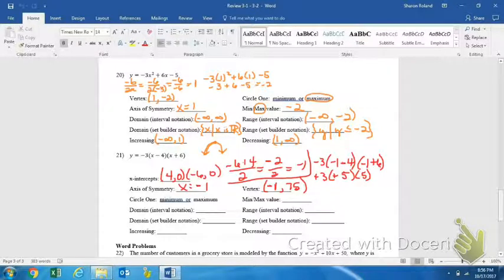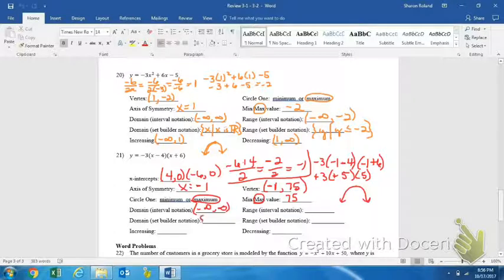Okay, that is a negative, so your graph is going to eventually open down. Because it's a negative, your vertex is the maximum. The maximum value is 75 because it's the y value. Your domain, easy, is negative infinity to infinity.